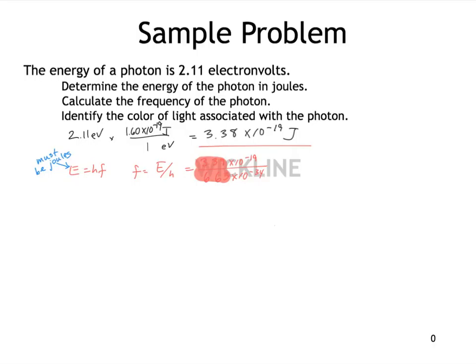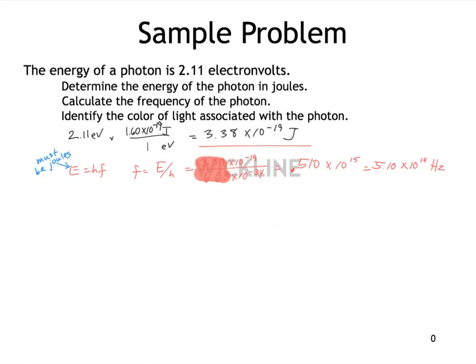So I'll round that to 0.510 times 10 to the something, and in this case it's going to be negative 19 minus negative 34, or negative 19 plus 34, and that's giving me a 15. So I'm going to just change this so that it's proper scientific notation. And I got 5.1 by 10 to the 14th hertz.